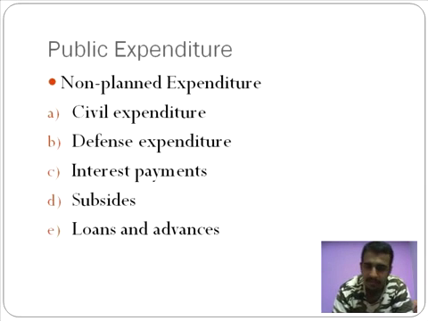Interest payments. Now, why is interest payment categorized as a non-planned expenditure? Isn't the interest rate fixed? Not really. Consider a type of security issued by governments called gilt-edged securities. The interest rate on a gilt-edged security is in fact linked to inflation.